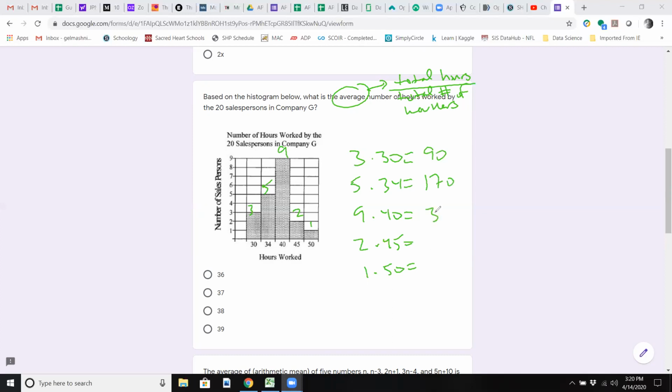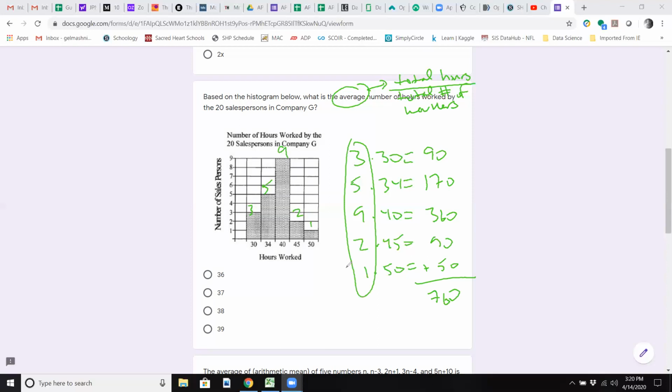Use a calculator, 360, 90, and 50. Add all that up. I think it's 760. Let me just double check, make sure I got that correctly. 34 times 5, yep, 170 plus 90 plus 360 plus 90 plus 50, yep, 760.